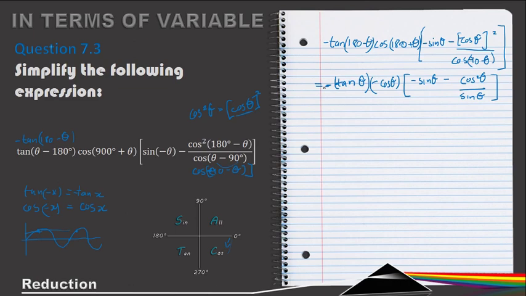A positive, minus and minus becomes positive, but this minus I can bring to the front, so this becomes minus. So this is now this minus, and then this I'm going to change to sine theta over cos theta times cos theta. And then on the inside, I'm just going to leave that as is for now.